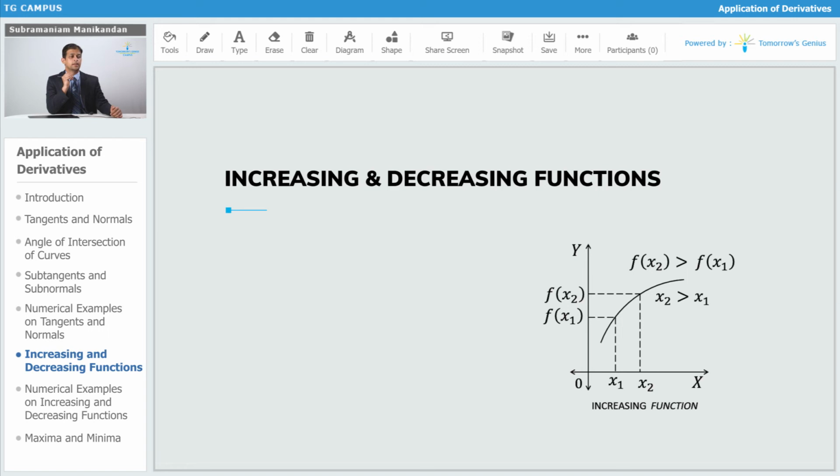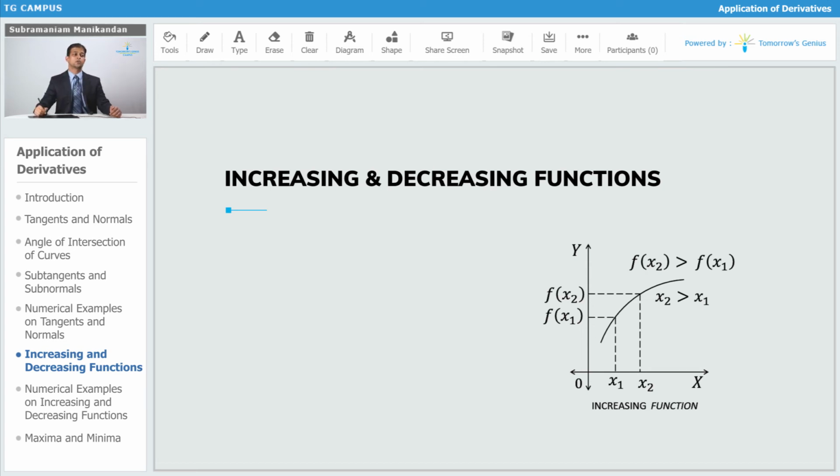For example, x1 is less than x2. Therefore, if f(x1) is less than f(x2), then the graph of the function will be above the point where the graph is at the point x1. f(x2) is above f(x1), and therefore when this phenomenon happens throughout an interval, we say that the function is increasing in that particular interval.